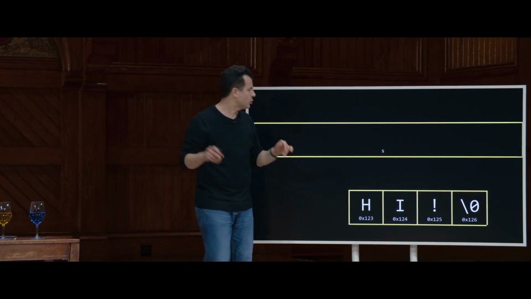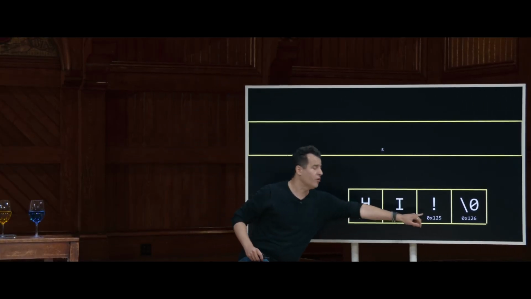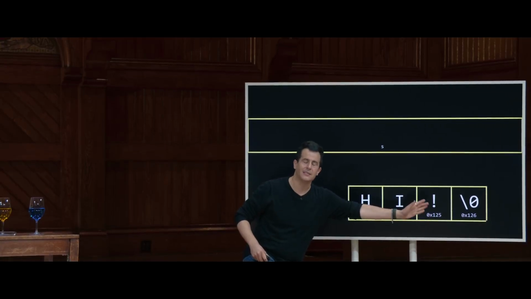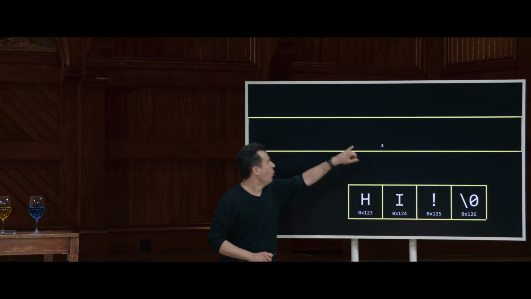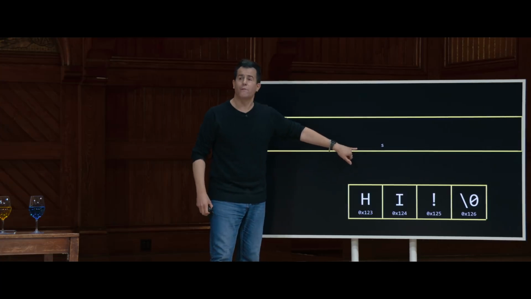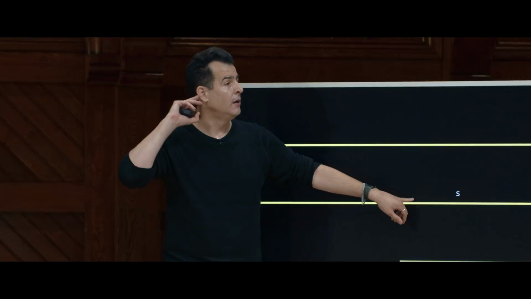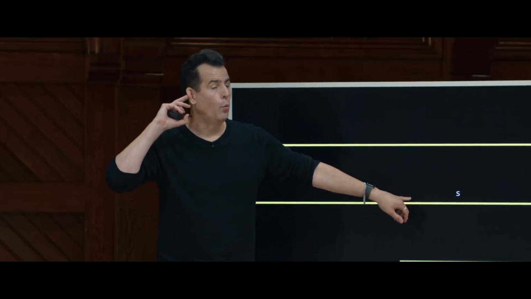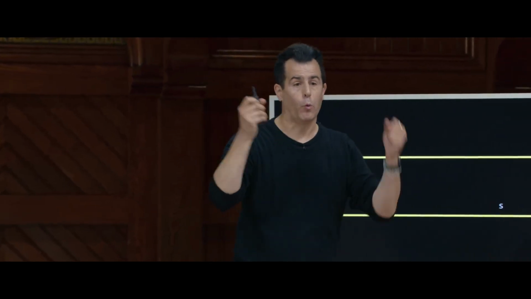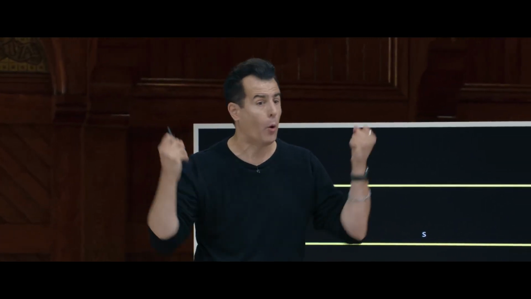So if you had to guess, just intuitively now, if this is the string actually in memory, that is, this is the array of chars in memory, what would logically make sense to put as the value of s? A pointer, specifically a pointer to h, and how would I express that? What's the actual value?